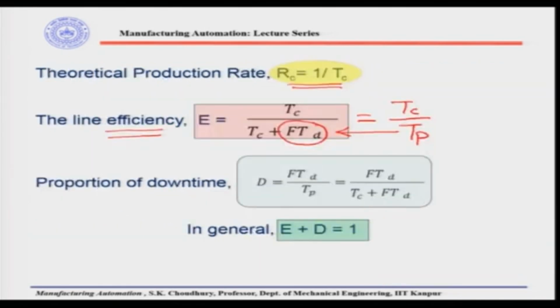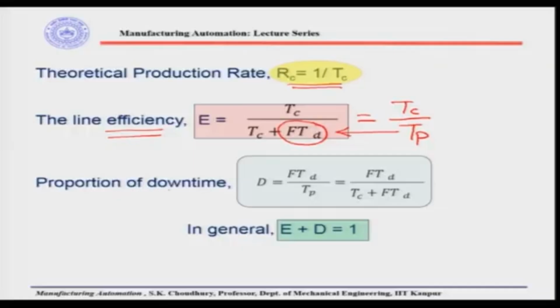So, we know the theoretical production rate, we know the line efficiency, and then proportion of downtime means for how much time the line is down. Here we are not calling it the machine, because a line consists of several machines, integrated with the material handling device.